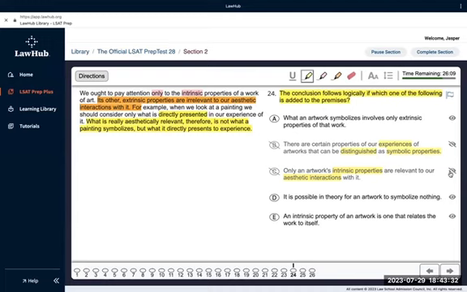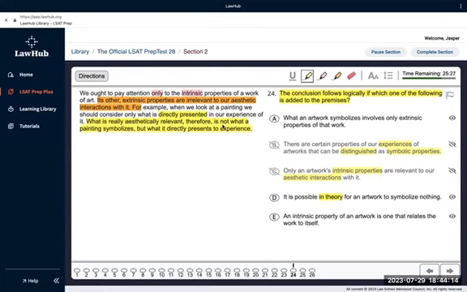D: it is possible in theory for an artwork to symbolize nothing. I'm not really worried about the "in theory" part, because we're talking about what's aesthetically relevant. But they're not saying that paintings don't have symbolism, just that their symbolism isn't relevant to our aesthetic interaction with the painting.